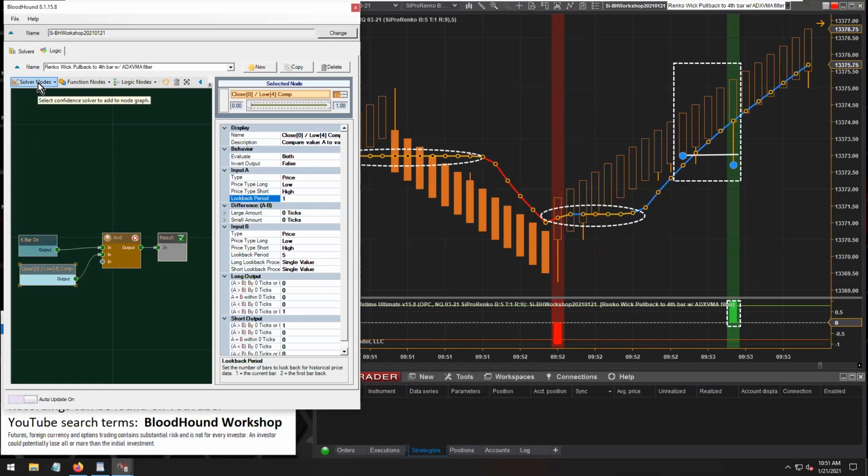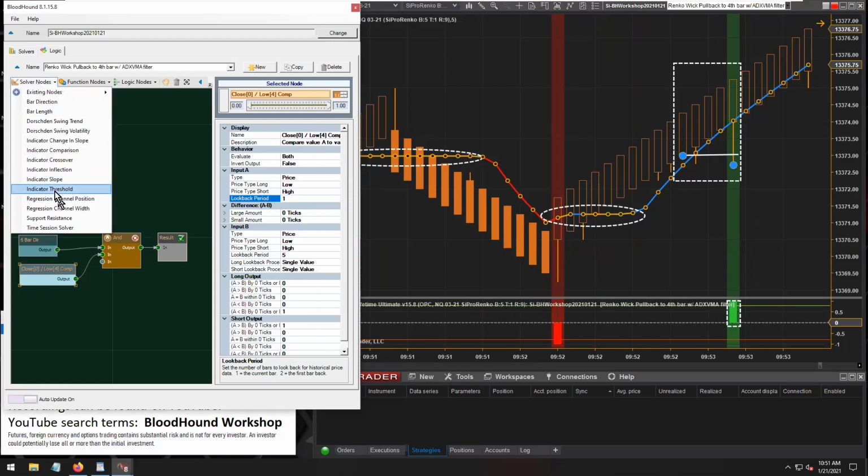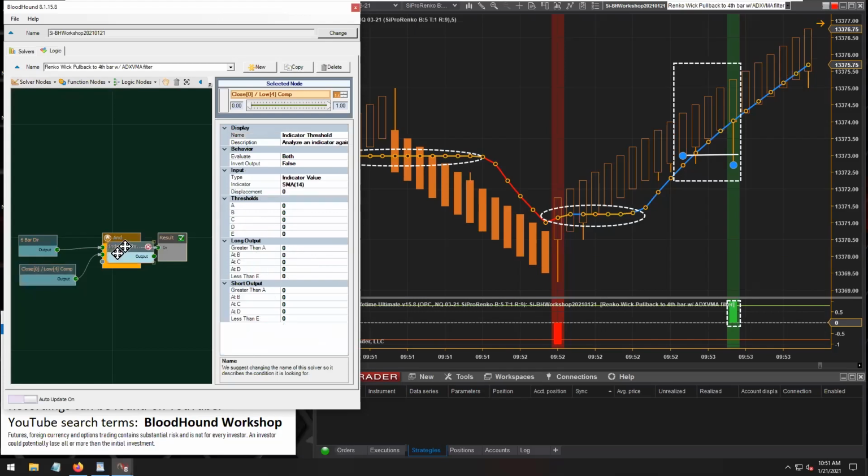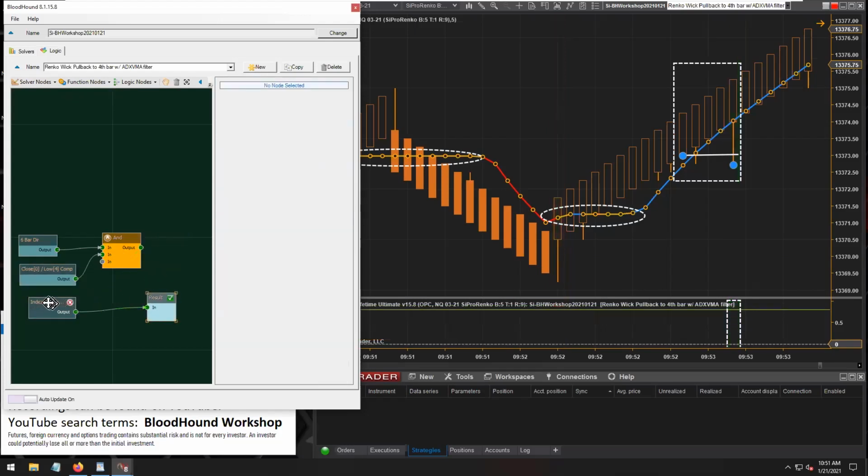To do that, we're going to use a threshold solver to read whether the ADX VMA is flat or whether it's trending up or trending down. So a threshold solver, let's connect this in.